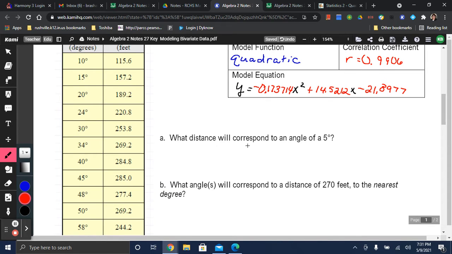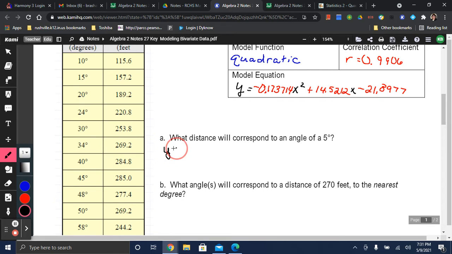This question is, what distance will correspond to an angle of 5 degrees? Notice that your degrees were your x's, so we can substitute into the model equation for the x's.